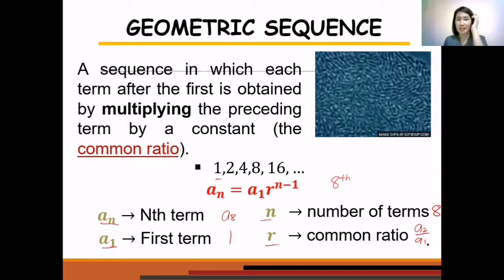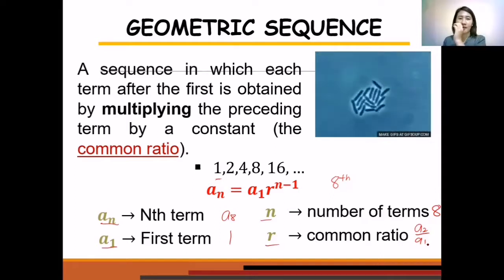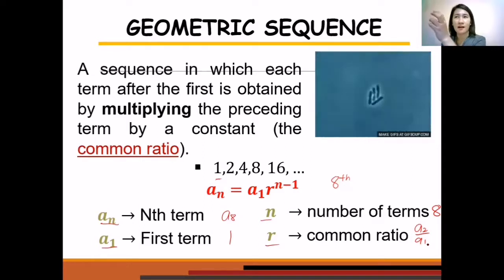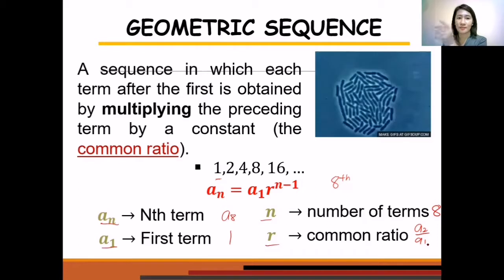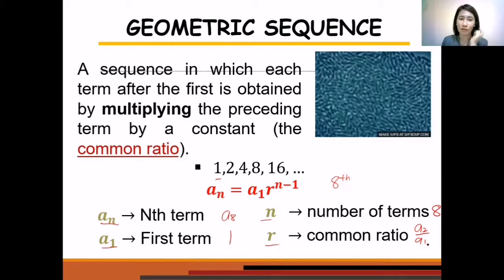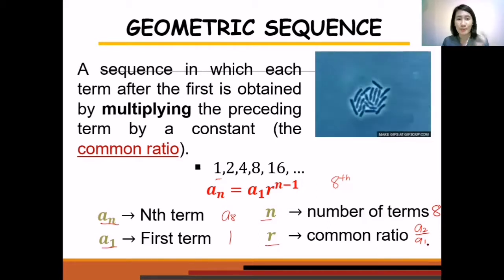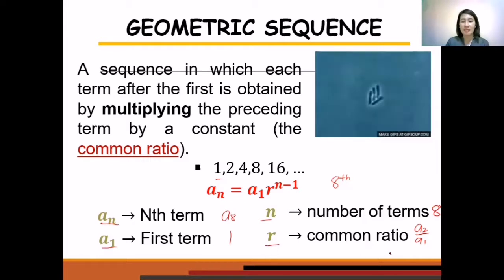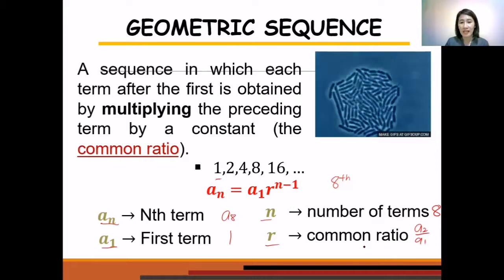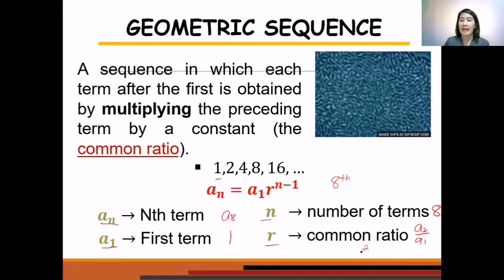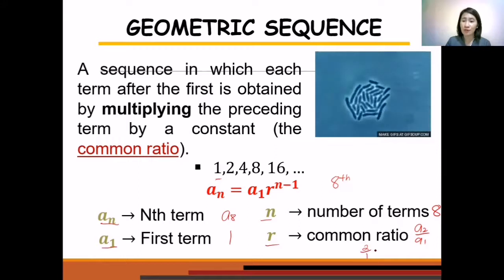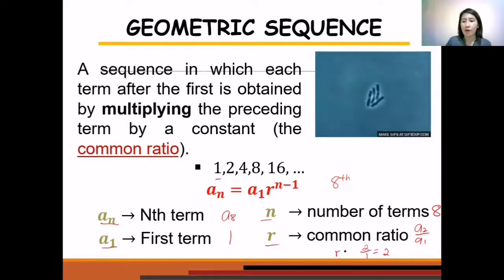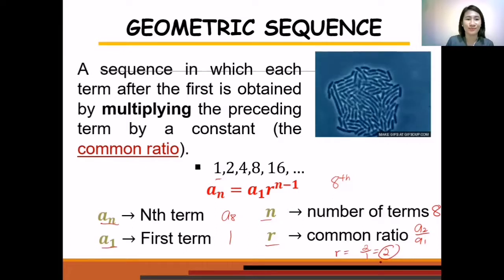So it should be the higher over the lower. Or if you have a sub 10 and a sub 9, that should be a sub 10 over a sub 9. It should not be a sub 9 over a sub 10, because you're going to have a different answer on that. Okay? So applying this one, a sub 2 over a sub 1, we know that a sub 2, second term, is 2. A sub 1 is 1. So 2 divided by 1, simplifying it, we now have a common ratio of 2.